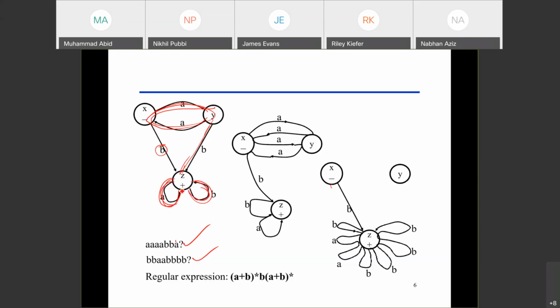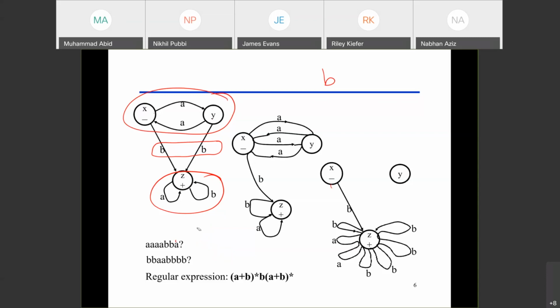So this tells us that whatever the word is, you do not care where it starts or where it ends, but if one B is there, your word will be accepted by this language. So we are saying that if I have one B in my word, once you encounter this B you will be at the Z state, and there is no way out.